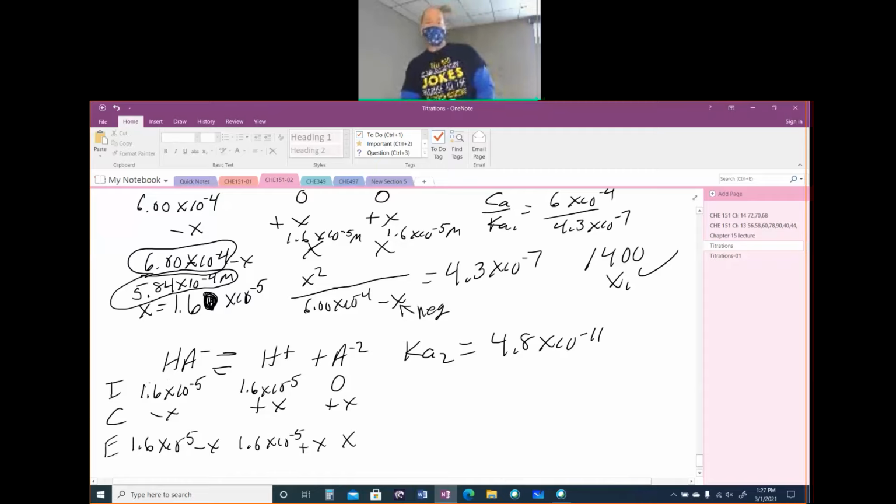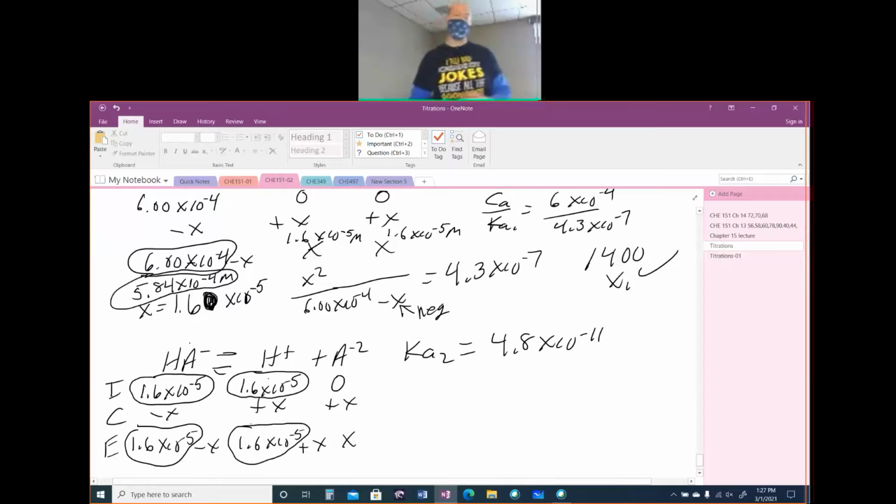Again, when you have an initial concentration of a reactant and you have an initial concentration of a product, the concentration never changes. So whatever your initial concentration is, the equilibrium concentration will be exactly the same, which means you can neglect your X's. You do not have to check them.